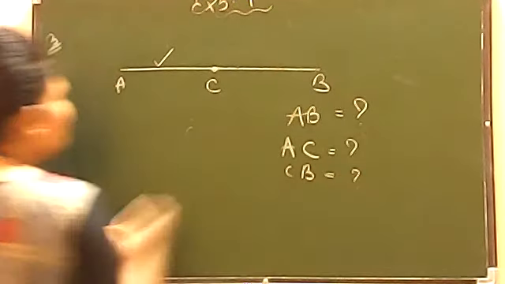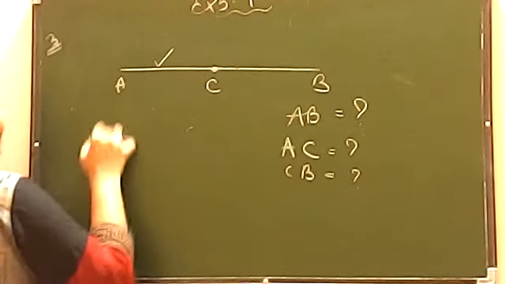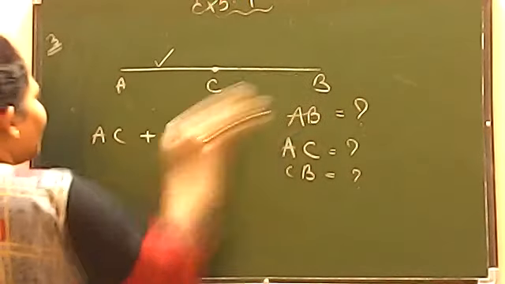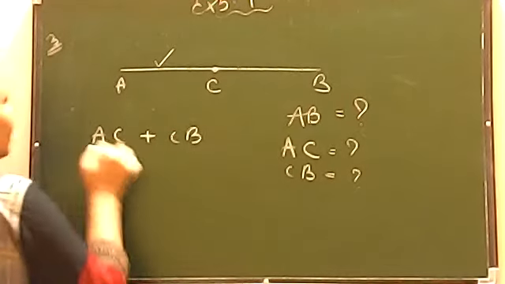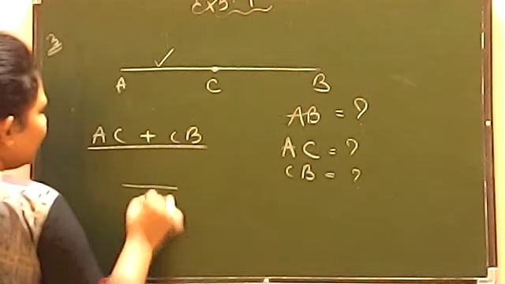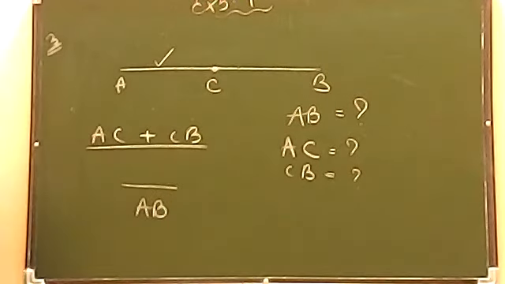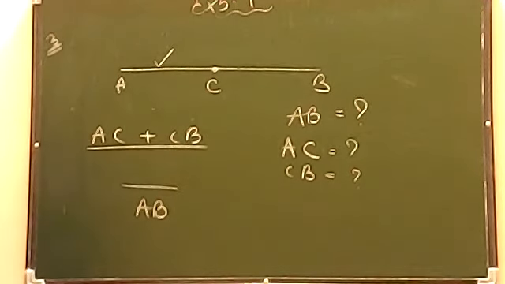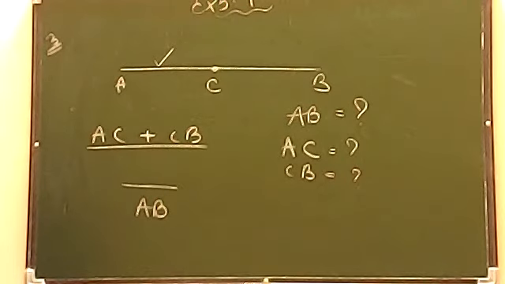Then you have to check that when you add AC and CB, are you getting a measurement equal to AB or not? If you are getting AB, it means you are doing it totally correct. If you are not getting AB, that means somewhere your measurement was wrong. So you have to see properly how you are measuring, whether it is perfect or not.